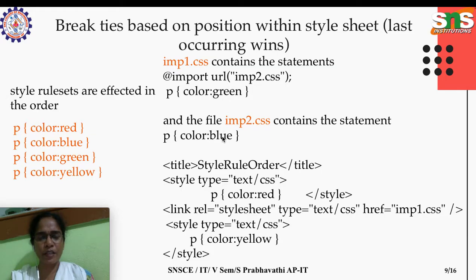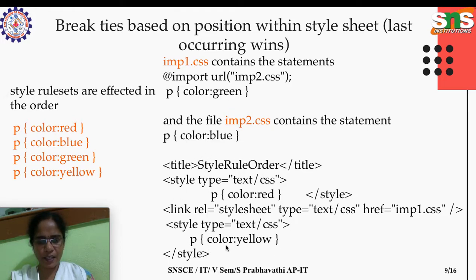Since it is importing implementation 2, this will be replaced as paragraph color is blue followed by paragraph color is green. So which one will be applied, blue or green? The one placed at the last position will win. So the paragraph will take the color green, because it is in the last position among these two.